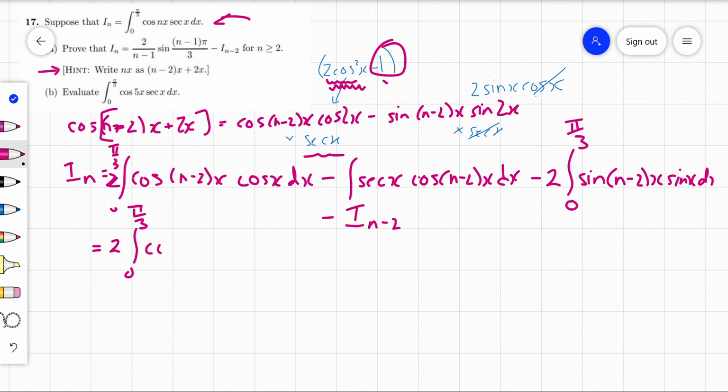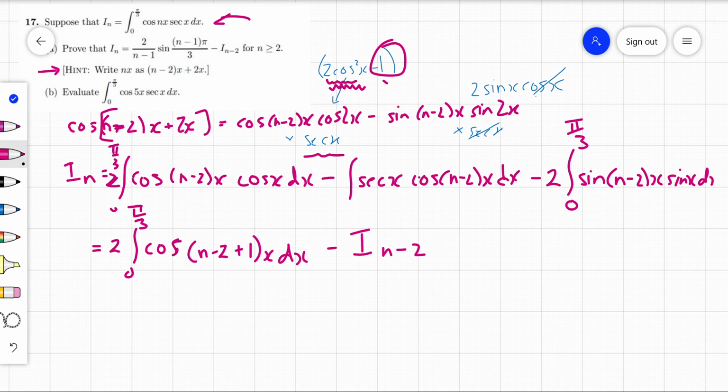So I can rewrite the first and the last integral together as cos of n minus 2, that's the first angle, plus the second angle, x dx. And I've got that minus I n minus 2 as well.